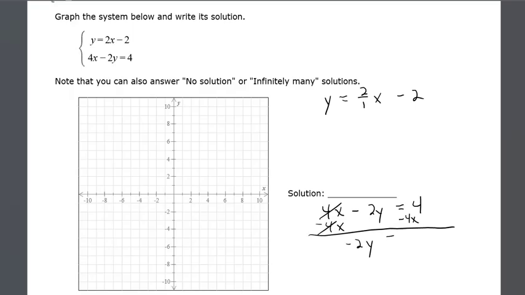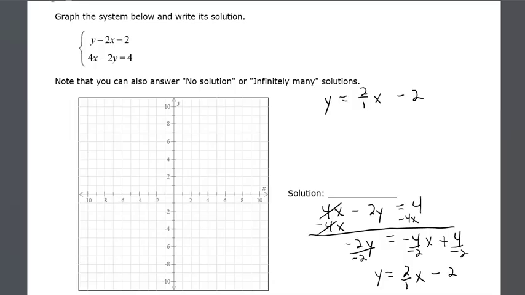That gives us negative 2y equals negative 4x plus 4. And then we're going to divide each term by -2. And that gives us y equals -4 divided by -2 is +2, or 2 over 1x. Then +4 divided by -2 is -2.